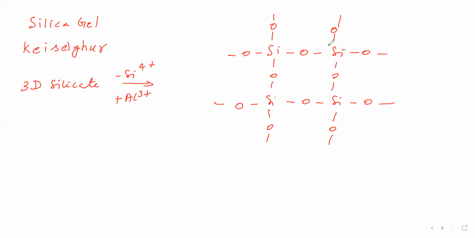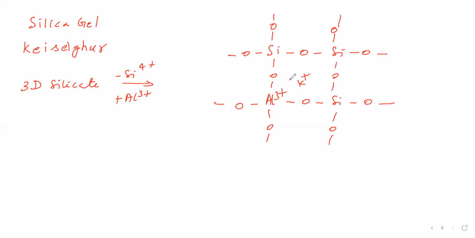Now what you have to do? You have to replace Si4+ with Al3+. In order to neutralize the charge, you give 1 K+. Because Si4+ means Si has a 4+ charge, but aluminum has 3+. So in order to keep neutrality, you give 1 K+.